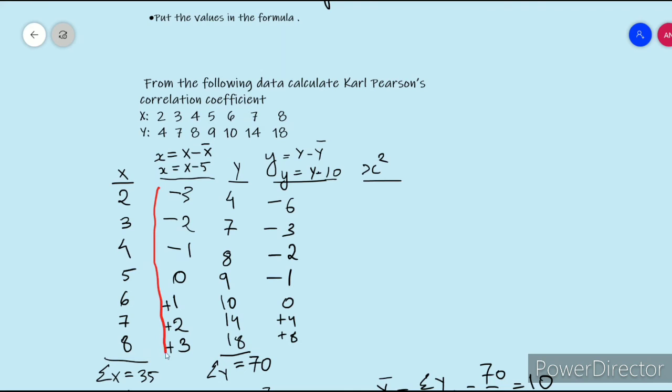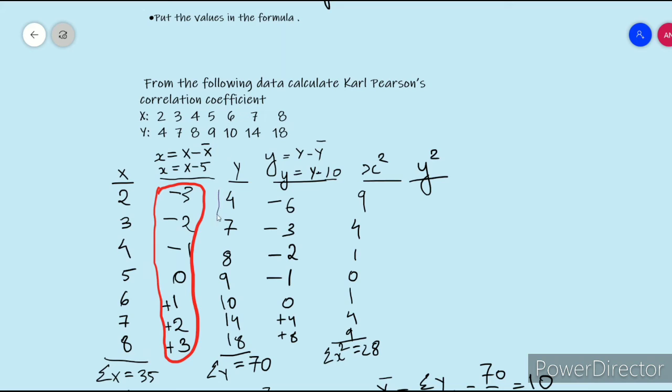So you have to take the squares of these values, and what we get is minus 3 into minus 3, 9, minus 2 into minus 2, 4, minus 1 into minus 1, 1, so 0, 1, 1, 2 2s are 4, 3 3s are 9, so we find the sum, we get 28.